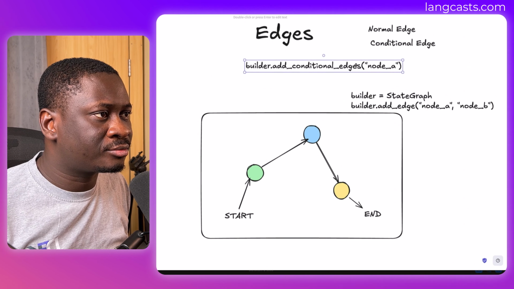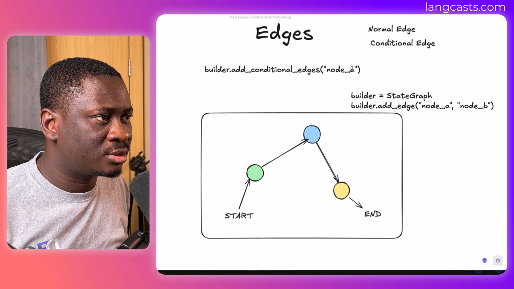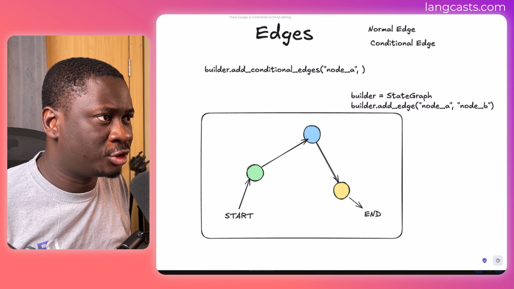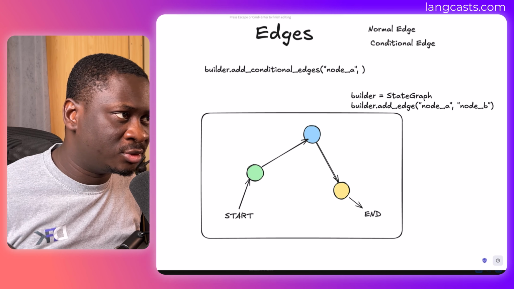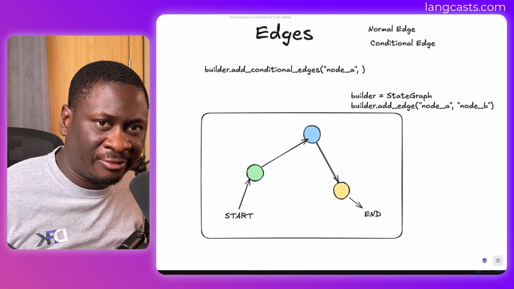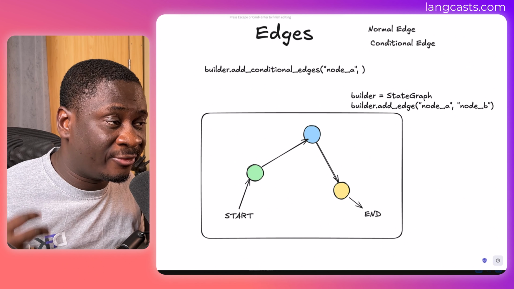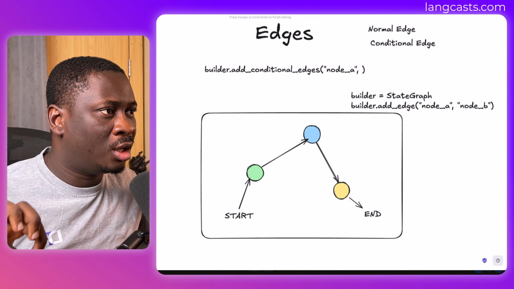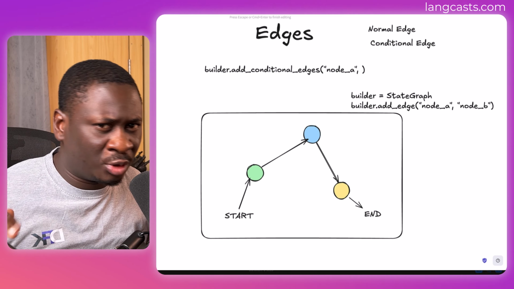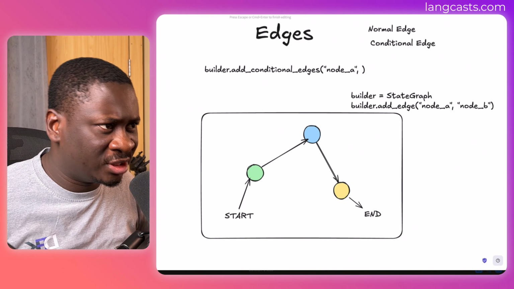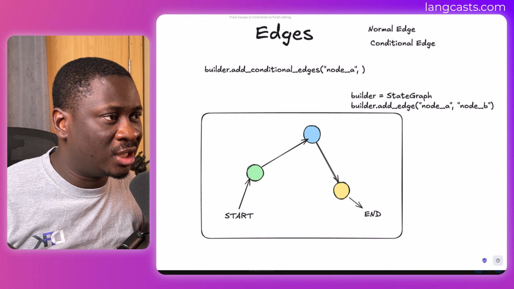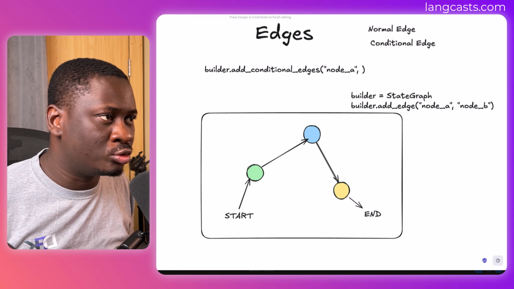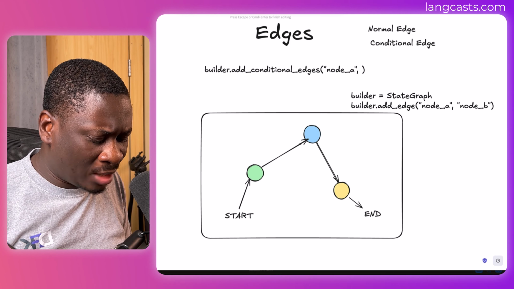Then the next argument is a routing function, a pure Python function that can take in state, in case you need some state variables to run your conditional logic to know the next node to go to.